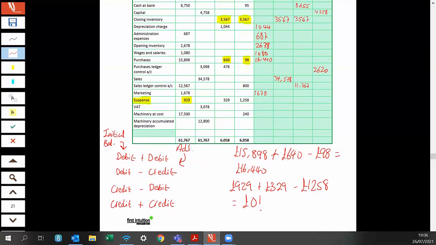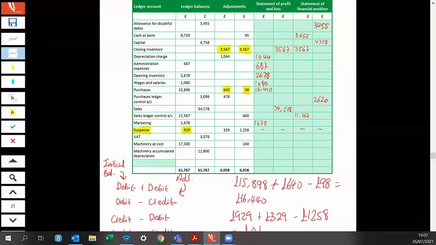It's cleared. There's going to be no entries in here, is there? We're going to clear it off. And this is a very big point and something you do need to be aware of. You should not have anything in either statement which relates to your suspense. It should be killed off in the adjustment section. If there is anything that goes into these columns, something has gone wrong and one of your adjustments has not worked. Okay, we're nearly there.